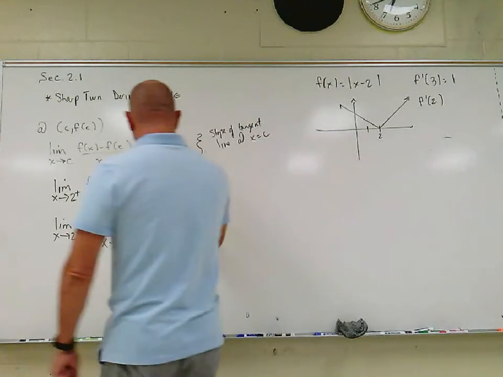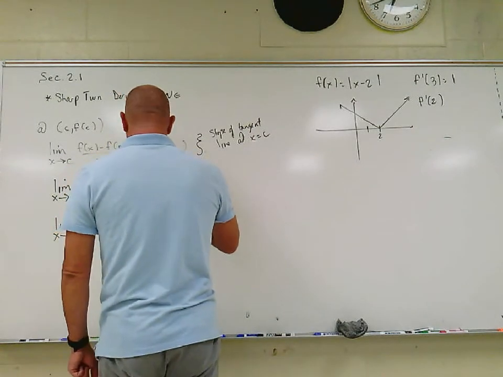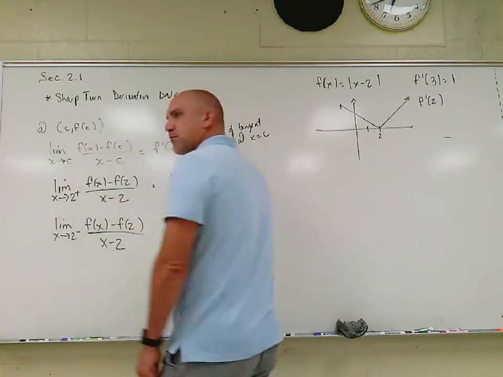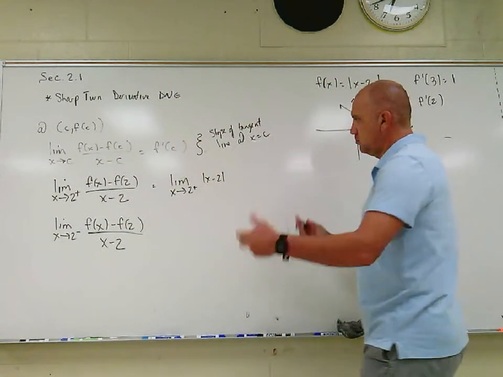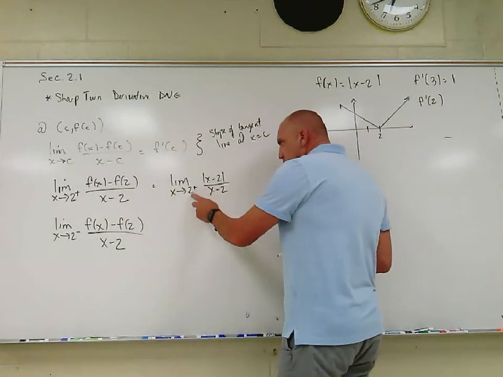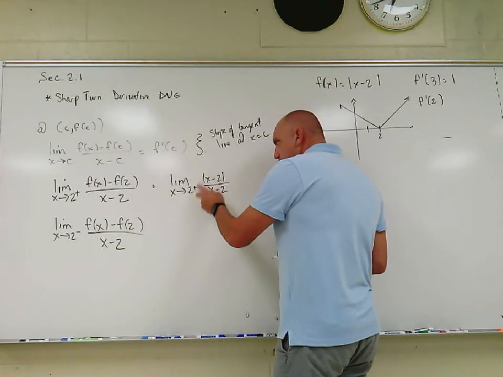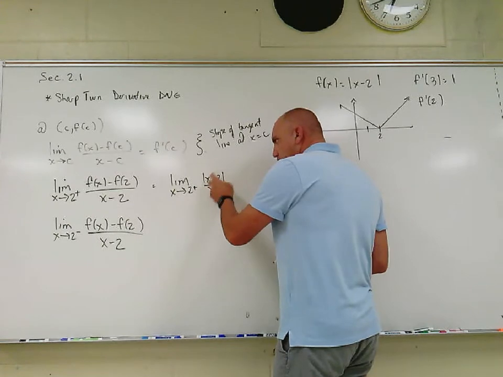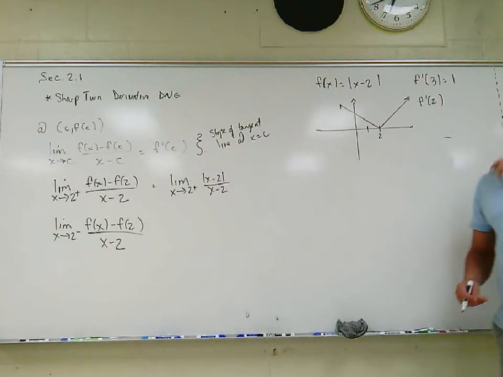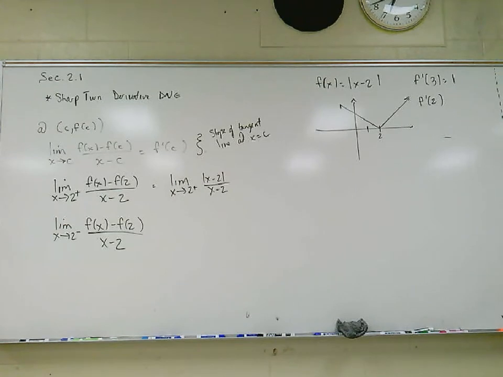So I'm going to at least write what you should have. f of x is absolute value of x minus 2. What's f of 2? 0. Over x minus 2. So look, just plug in like a 3. Plug in a 2.5 and look at what your fraction is every time. You're just trying to see, you're either going to get 1 or -1. You're trying to see what your answer is there.